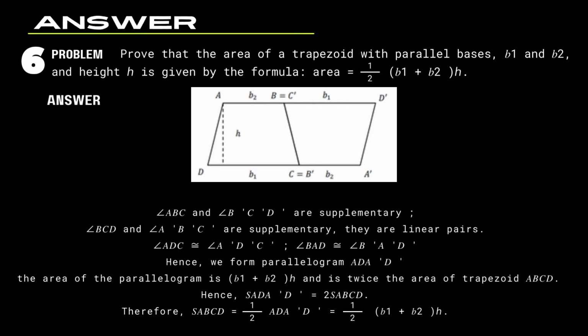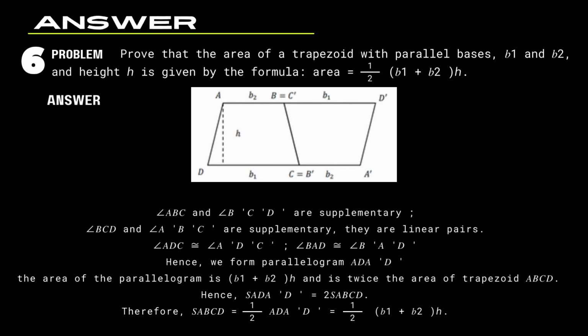To answer this, first we duplicate the trapezoid and we call this A prime, B prime, C prime, and D prime. And then we rotate the trapezoid by 180 degrees and place that beside the original trapezoid as the one you can see on your screen right now.